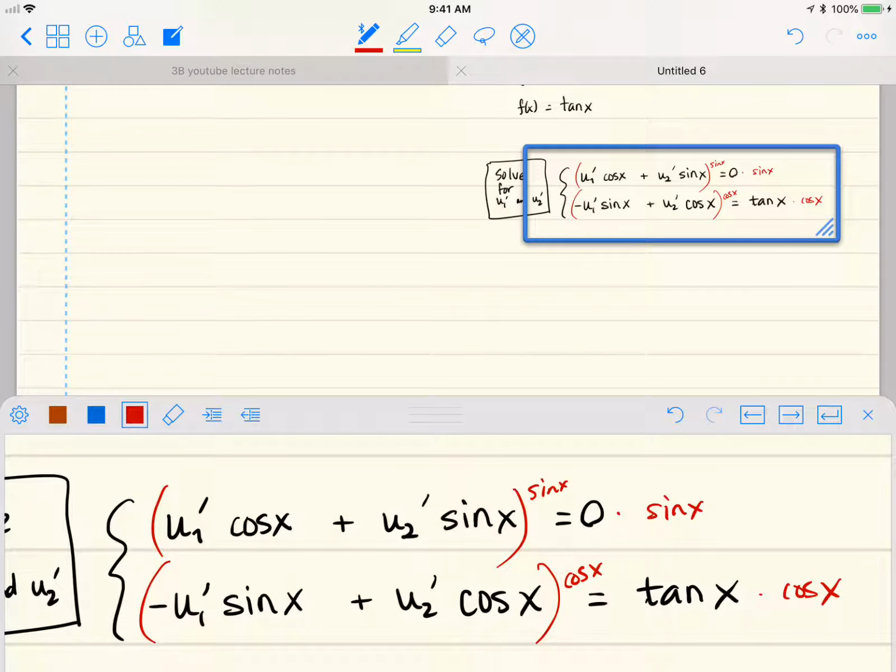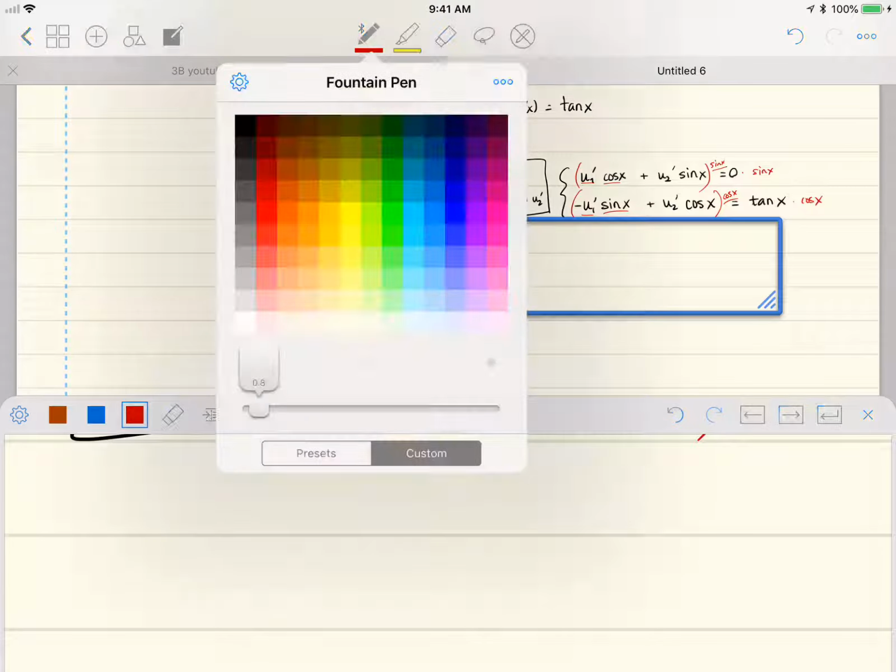Then I should have some things cancel out. For instance, I'll have cosine x sine x u1 prime, and here I'll have minus u1 prime sine x cosine x. So I can add the resulting equations, and the result should be just in terms of u2 prime. All right, so good plan.